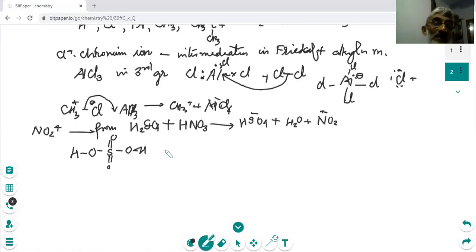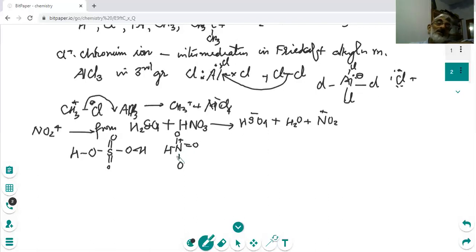So this is sulfuric acid and nitric acid, HNO3. See here, there are 4 bonds on the nitrogen, so it should get a positive charge.